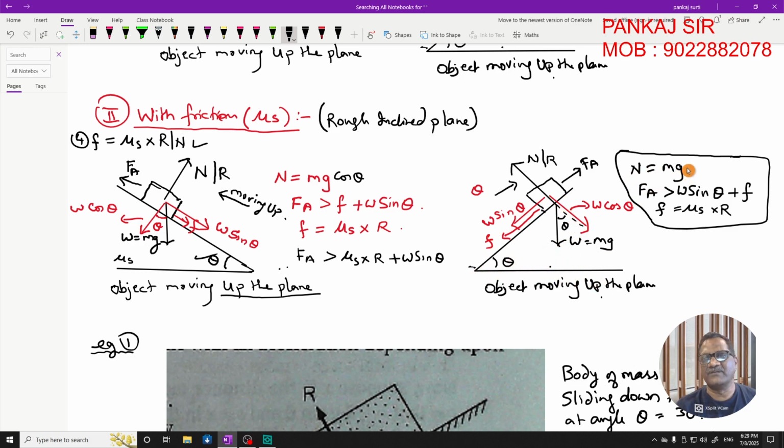N will be equal to mg cos theta and Fa will be greater than W sine theta plus F, where F is equal to mu s into R. Can you see this quantity remains the same, whether you flip the inclined plane or not? You have to practice both ways. That was all about how to draw the FBD of an object placed on an inclined plane.